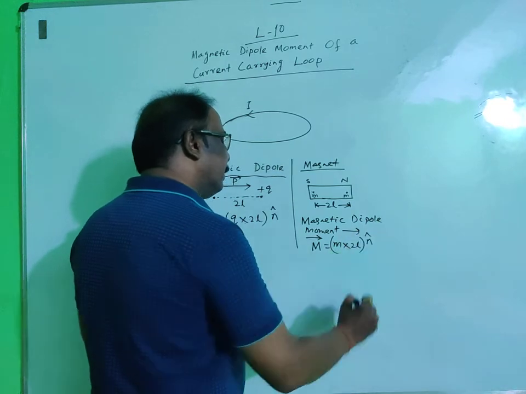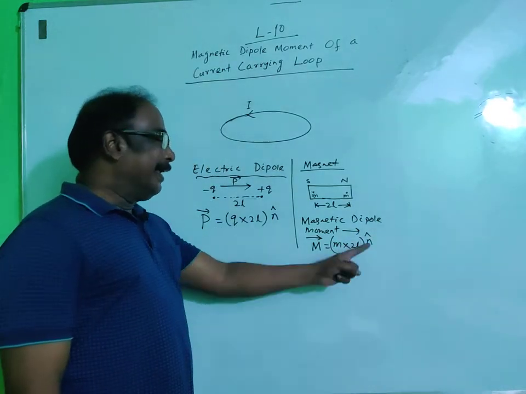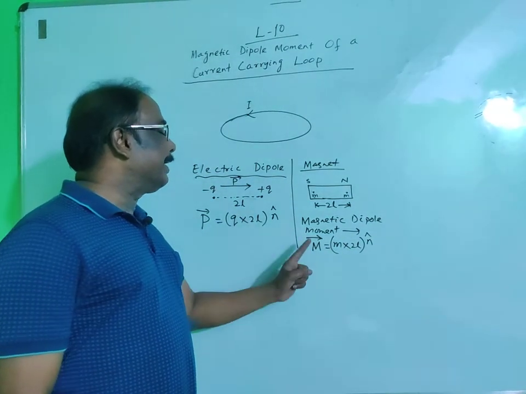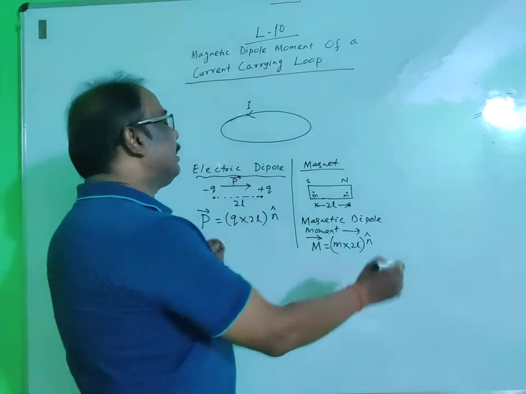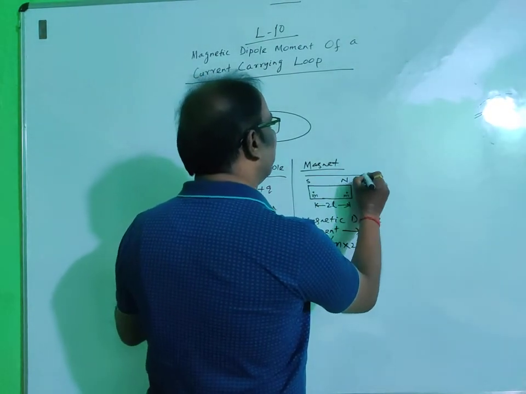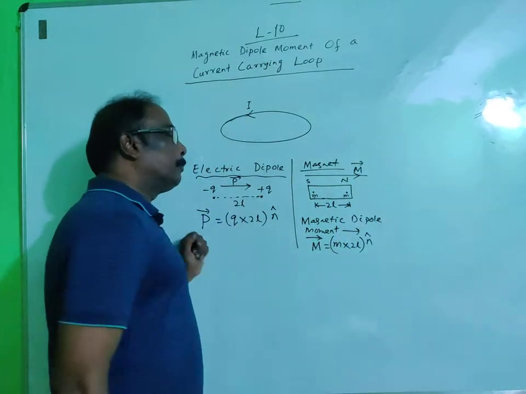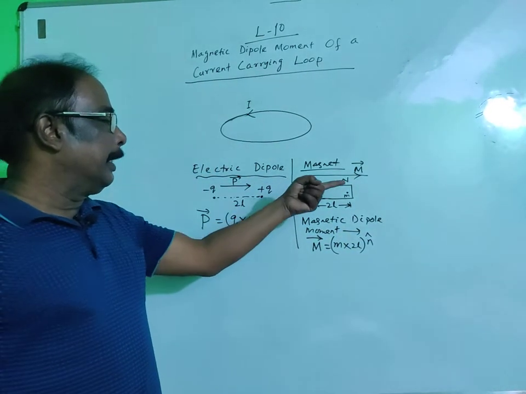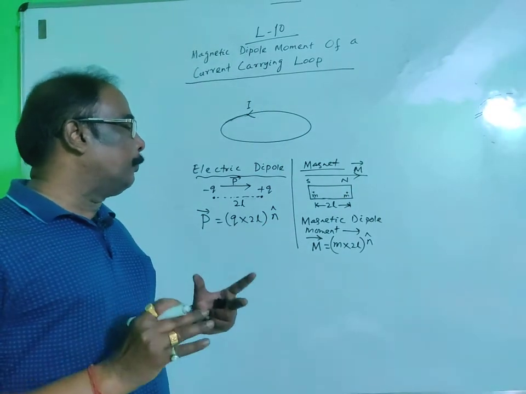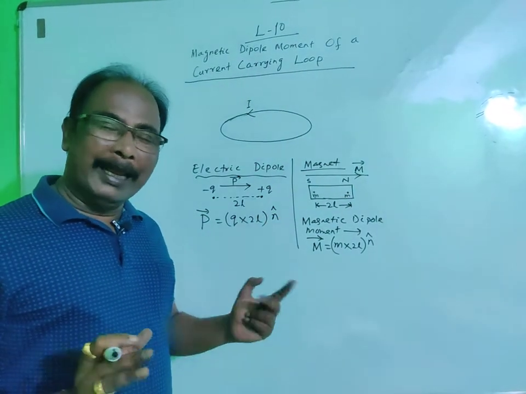Since it's a vector quantity, I am taking a unit vector showing the direction of magnetic dipole moment, and the direction of magnetic dipole moment is from south pole to north pole.